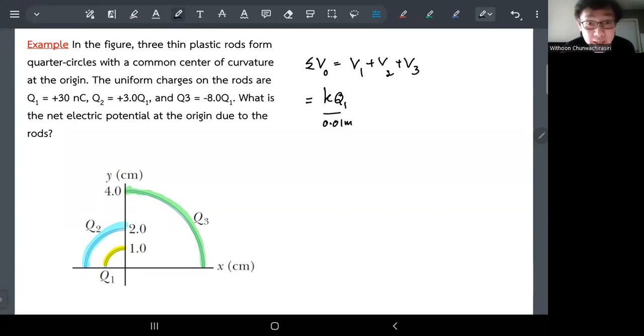That's from the first rod, the Q1 rod. Followed by KQ2 over the radius of the rod, which is 0.02 meter, plus KQ3 over 0.04. And that's it, guys. You are done.